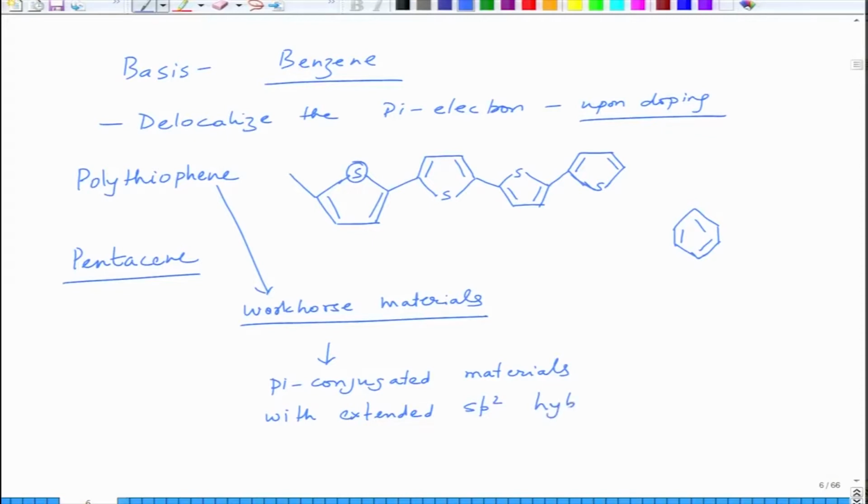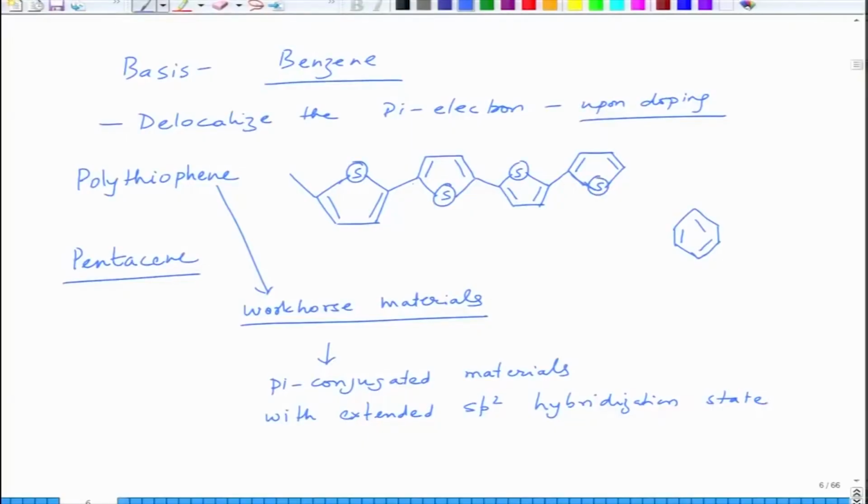So sp2 hybridization state is not localized, it is extended over a whole chain. As a result, the presence of these sulfur atoms allows the conduction of electrons to occur along the chain through the pi band.